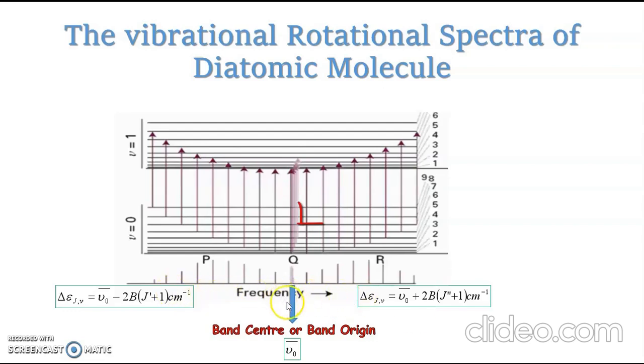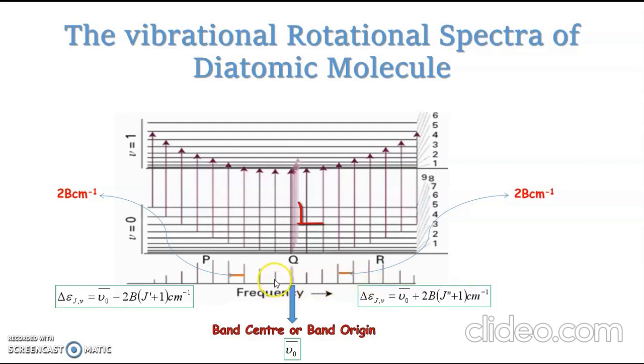Frequency increasing, less than mu 0 bar will be P branch, higher than mu 0 bar will be R branch. And since all are equally spaced, the distance between the lines is always 2B centimeter inverse, both for P branch and for R branch.